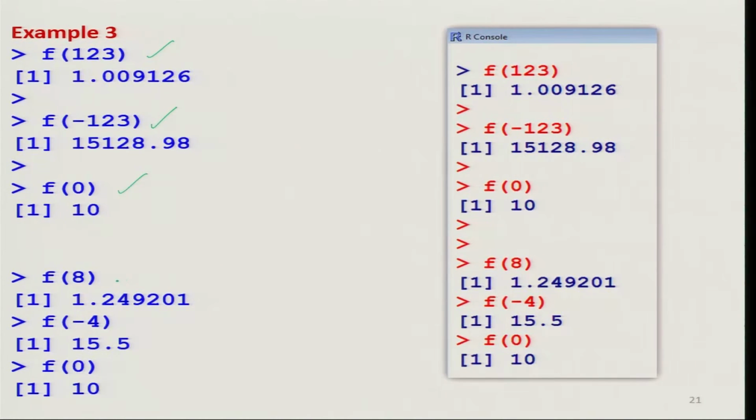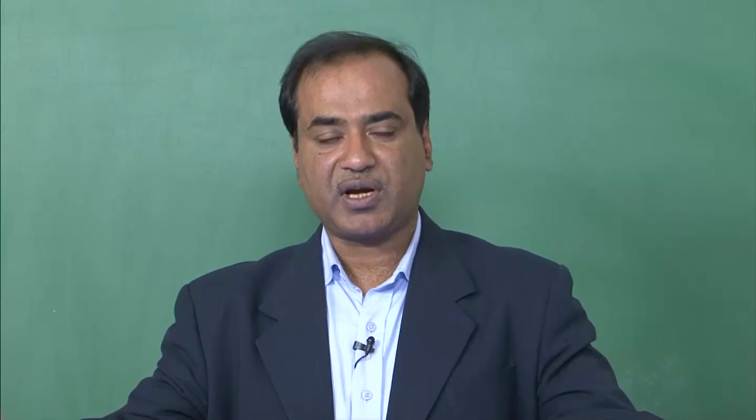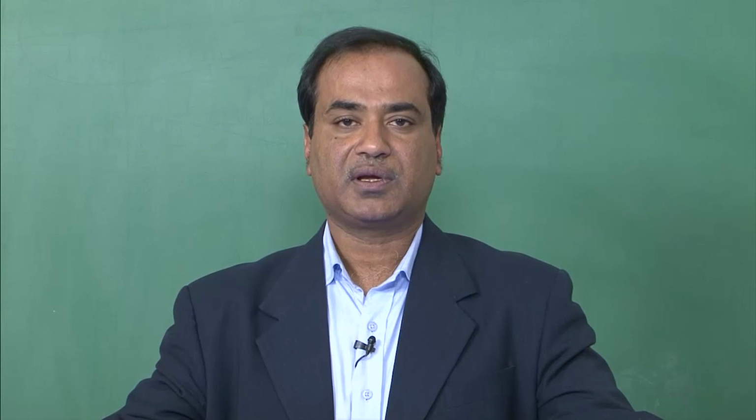And similarly here for positive value 8, negative value 4 and f of 0. And you can see here this is the screenshot of the same outcome. And then when I run the function h, we get this type of graphic.